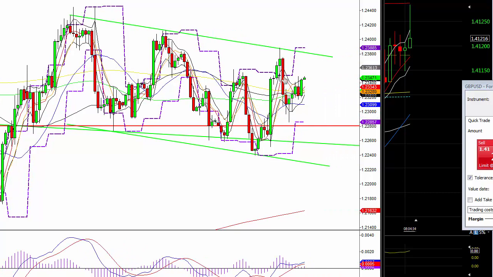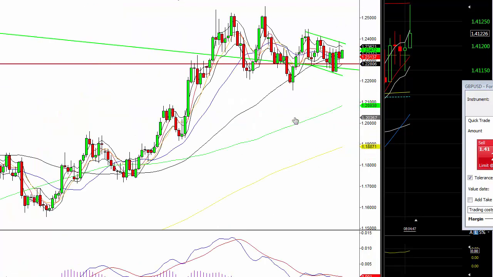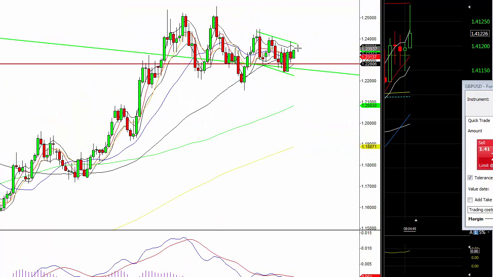I was originally hoping that it was going to come down and carry on coming lower, but it's held, and the potential is there now for the euro to work its way to the top end of this channel and then maybe break out. So looking at the daily chart, that could well be a trade to hold on to.